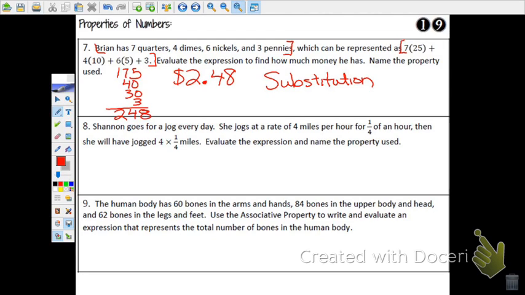So when I evaluate, I need to work this out. 4 times 1/4. What do I do to be able to multiply fractions? Okay, I'm going to write the 4, that whole number, as a fraction by putting it over 1. Now, how do I multiply my fractions together?